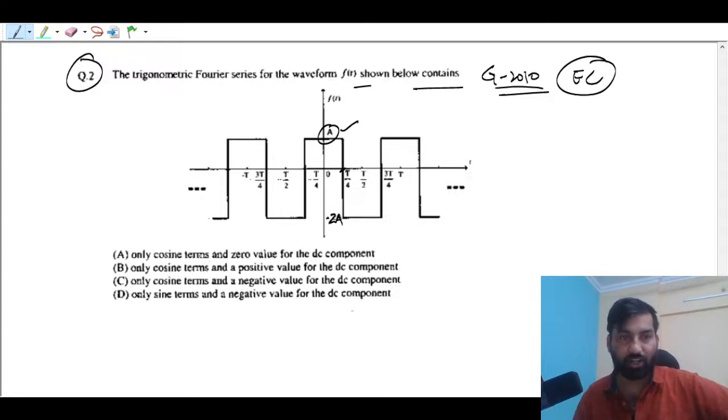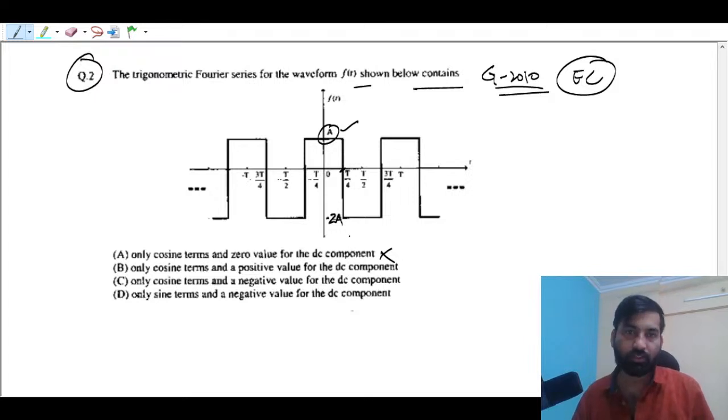यहाँ पर पहला ऑप्शन देखो, only cosine term, zero value for DC component, this is not the correct option, right? Zero value for DC component नहीं है, there is a DC. Only cosine term and a positive value for DC. So what kind of DC value is there, positive or negative? That also you have to identify, right?